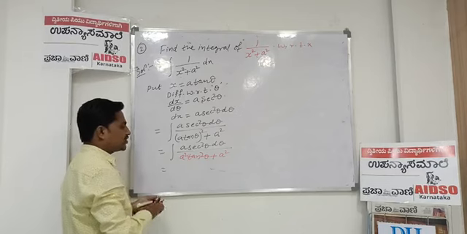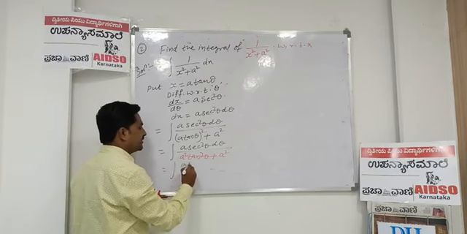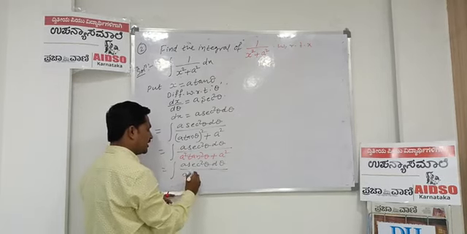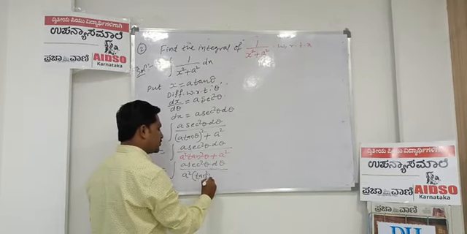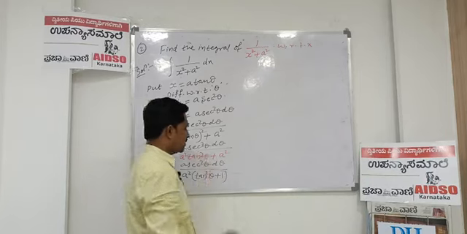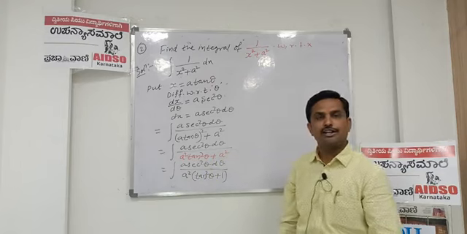In the next step, it will be a secant square theta d theta divided by a square, which we can take common. What remains is tan square theta, and where nothing is there, 1 we can take, so tan square theta plus 1.